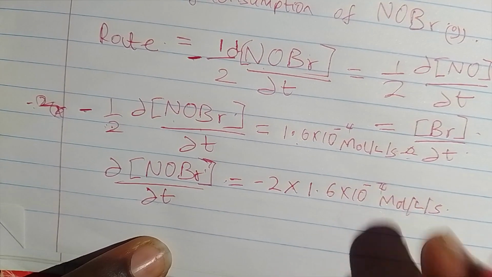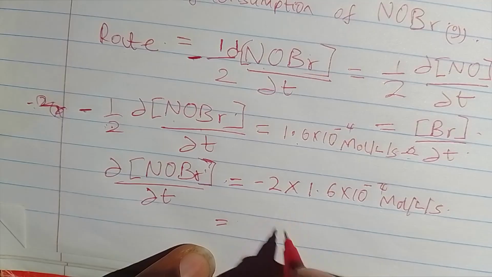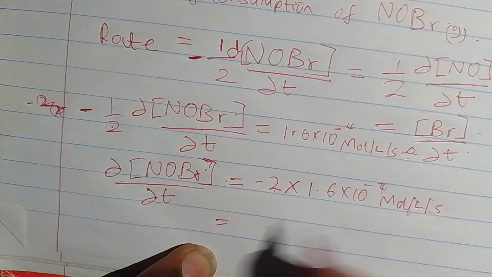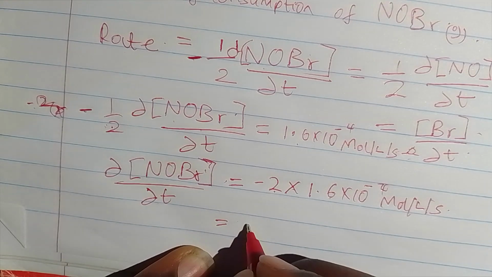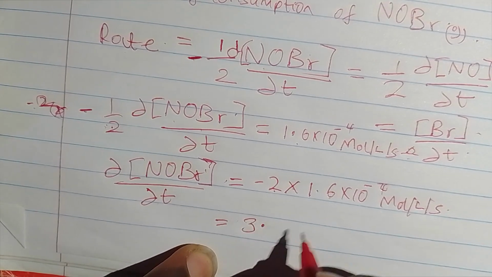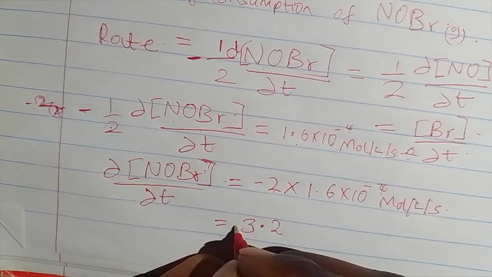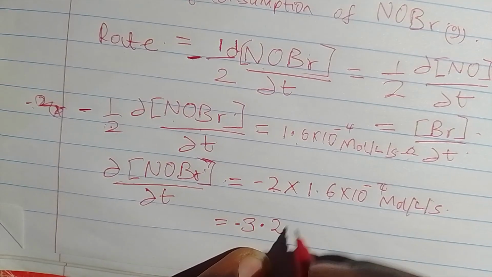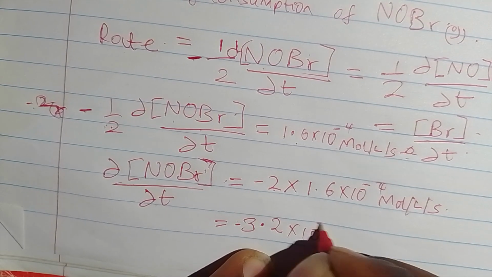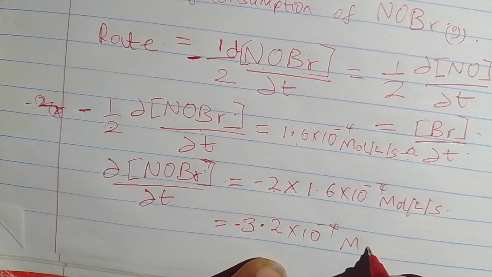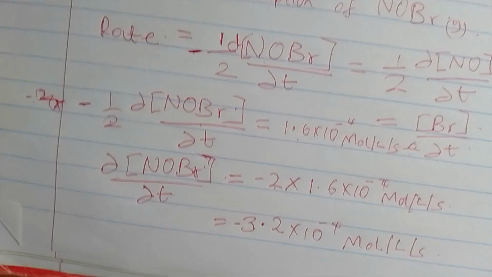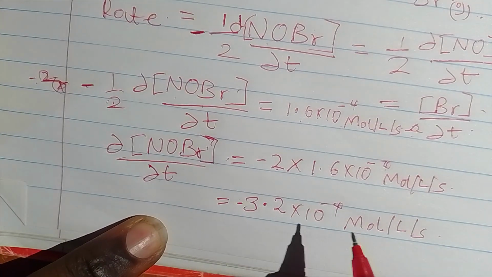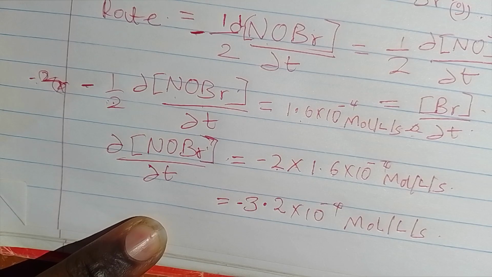Now if you work this out, 2 times 1.6 will be 3.2 times 10 raised to power -4 moles per liter per second. So you ignore the negative sign since it is the rate.